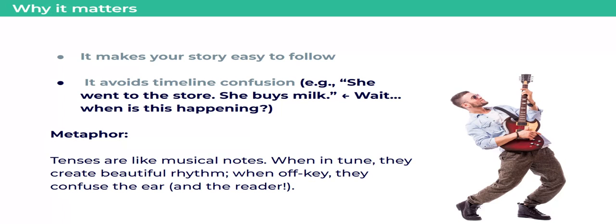However, when those notes are off key, they confuse the ear. And this is the same with verb tenses. When they are used incorrectly, it can confuse the ear and the reader of your story.